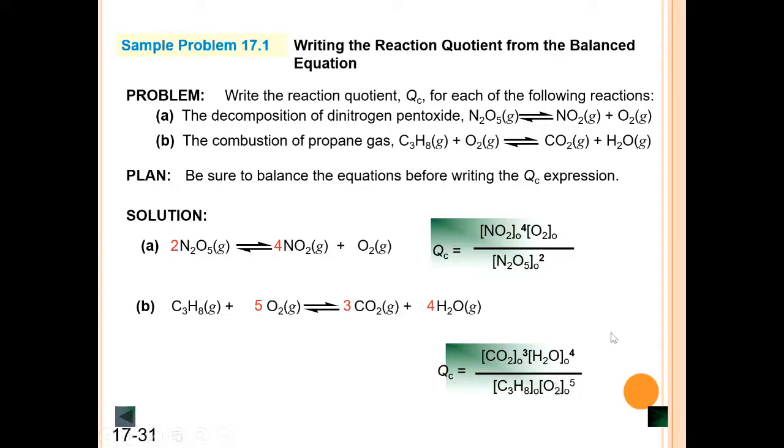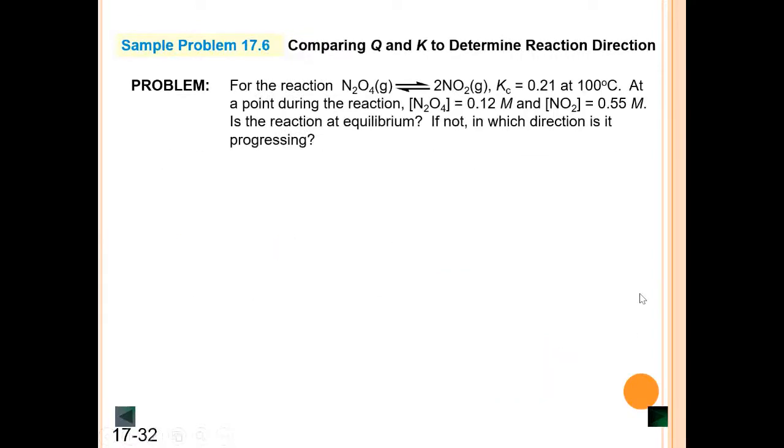This is how we write the reaction quotient. If we have to calculate the Qc value, we just plug in the values. Okay, let's move to the second sample problem.